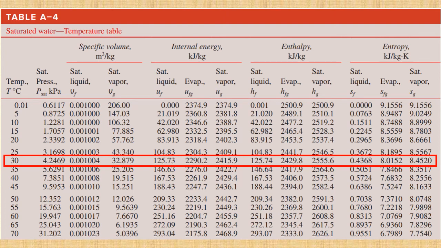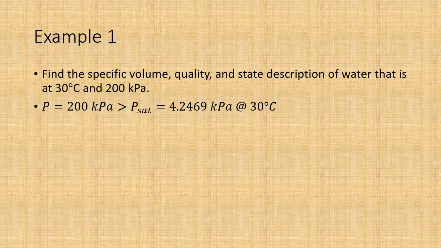We can see that the saturation pressure at this temperature is 4.2469 kilopascals, and the given pressure of 200 kilopascals is higher than the saturation pressure. Therefore, we have a compressed liquid. Compressed liquid is our state description. Since we have a compressed liquid, the quality is not applicable.